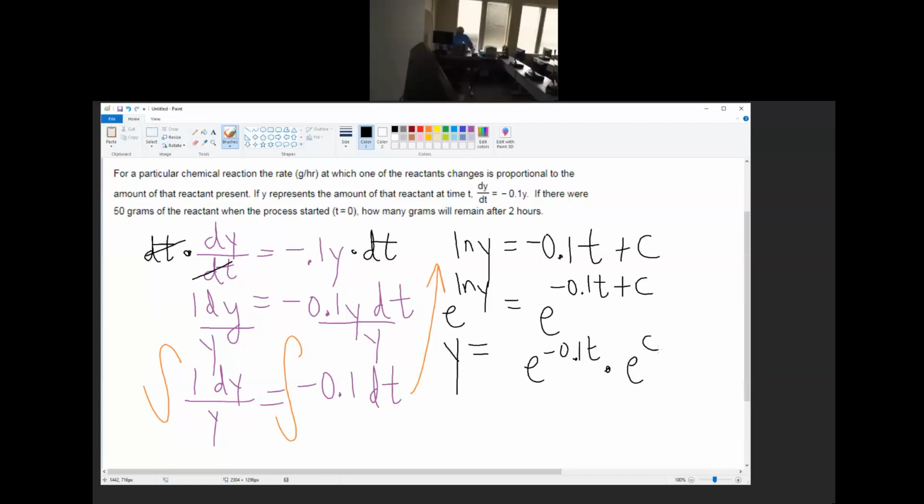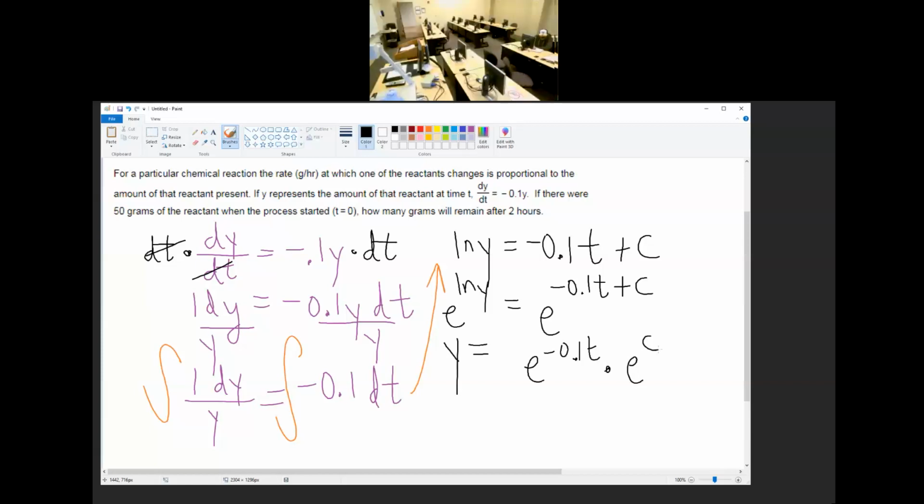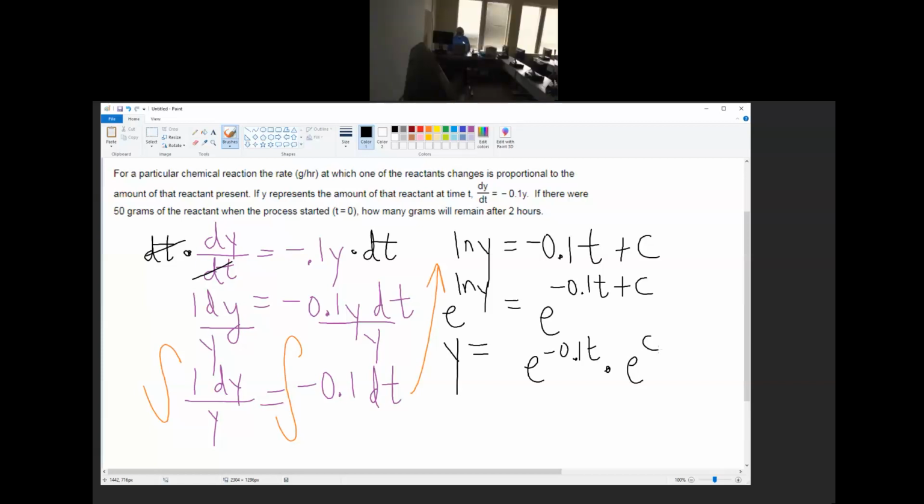Now that e to the c power, that's saying that you're taking e and raising it to any constant. So if you're taking e and raising it to any constant, then you're still going to get a constant.